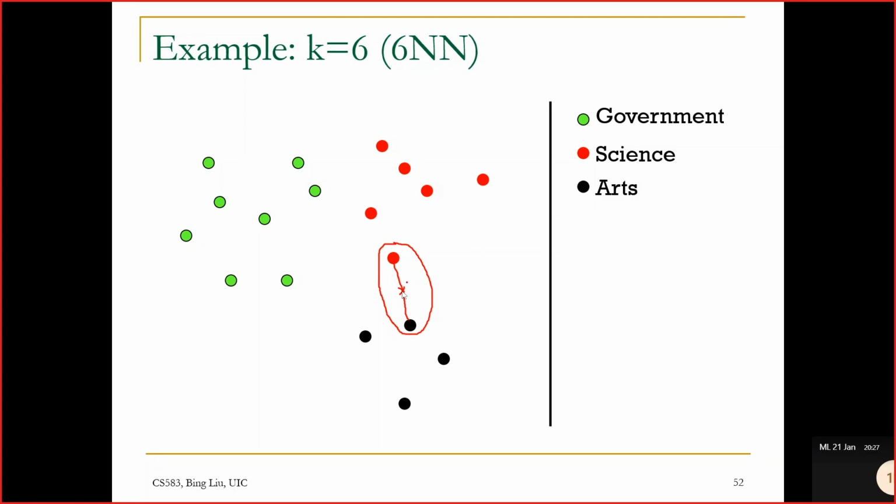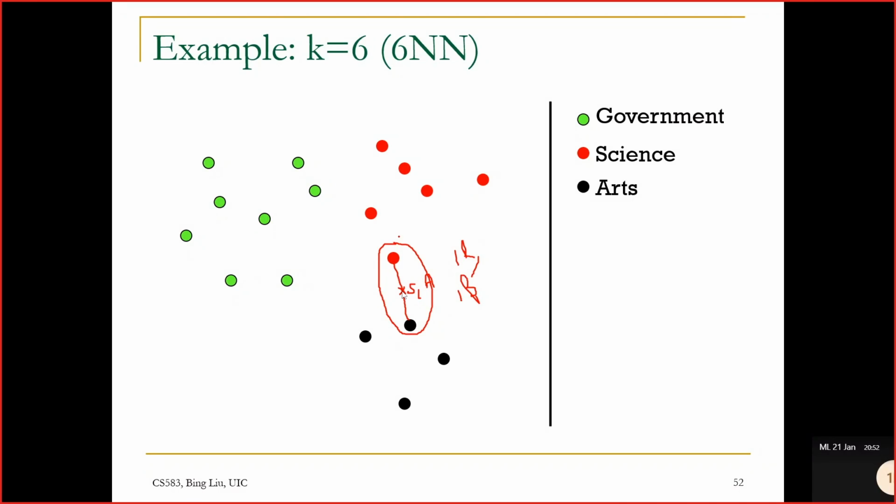Now here there is a tie, 1 red and 1 black. Red means 1 science and 1 arts. So which class should you follow? That is up to you, because here it is a tie. Whether you want to label it as science or arts, there is a choice, and both answers are correct when there is a tie, right?